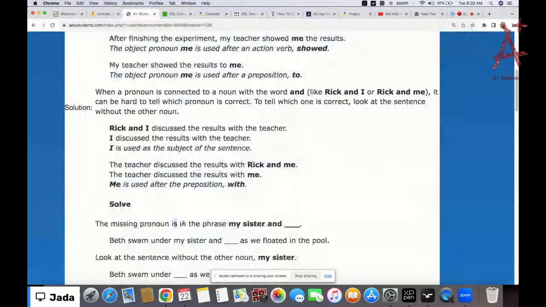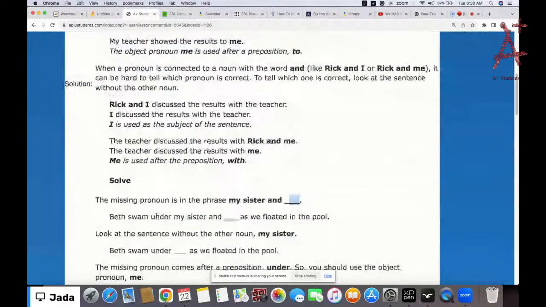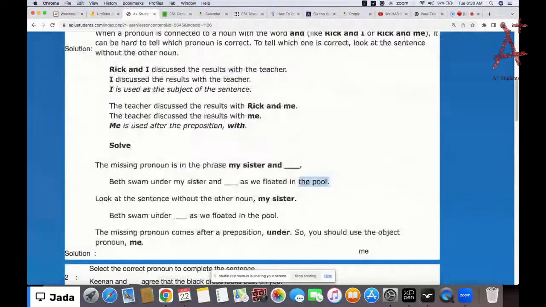So the missing pronoun in the phrase my sister and dash. Okay, so bed swam under my sister and what? We're trying to find it, right? So look at the sentence without the other noun, my sister. So you have to remove the noun my sister and then try to impute the pronouns there, and then you see, is there any preposition or any action verb, whatever is going to be suitable.